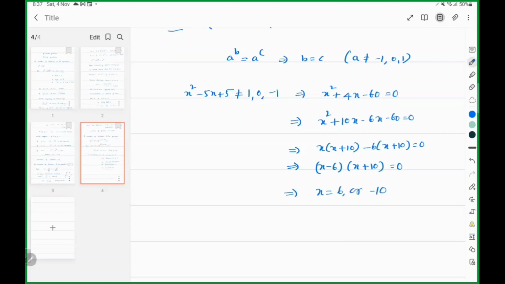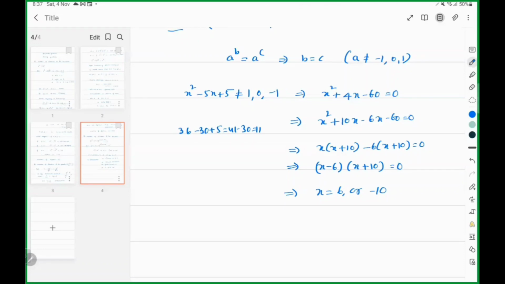At the same time, you have to substitute these values in the base. 36 minus 5 into 6, 30 plus 5, 41 minus... you should see that they should be different from 0, 1, minus 1. If at all some of them equal 1, that x value you have to remove.